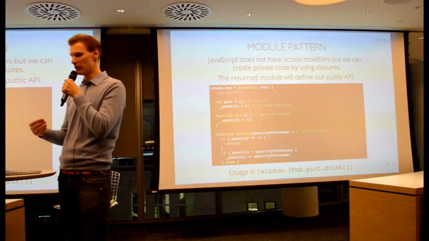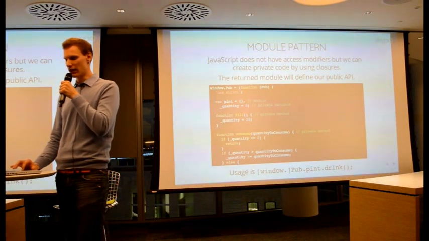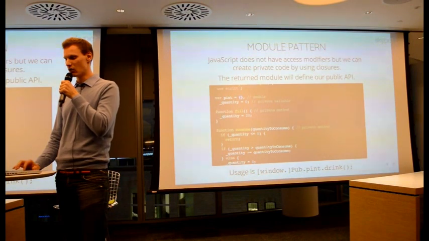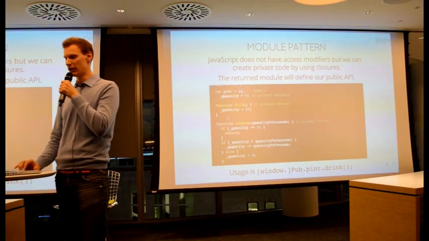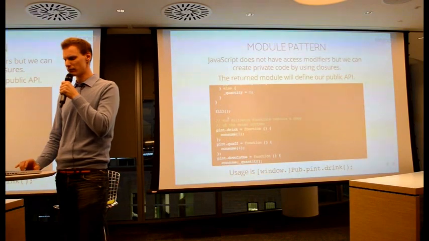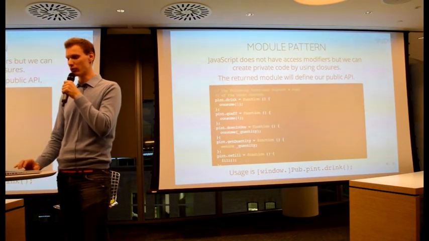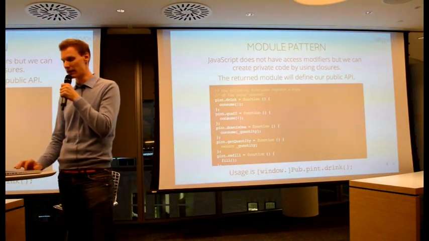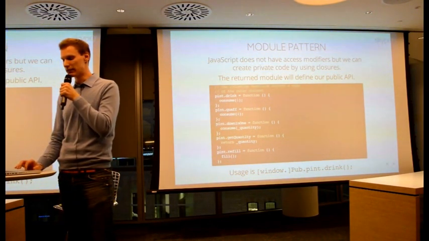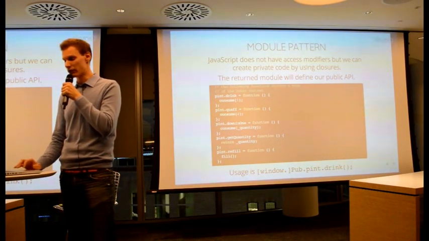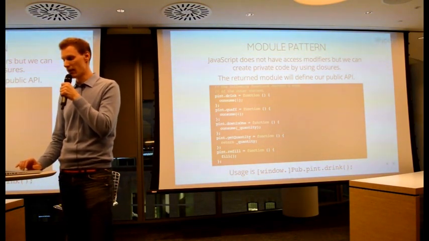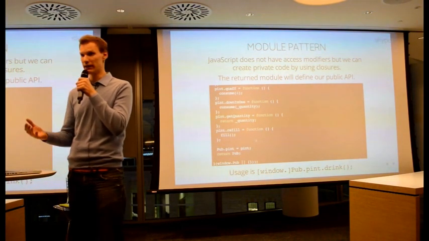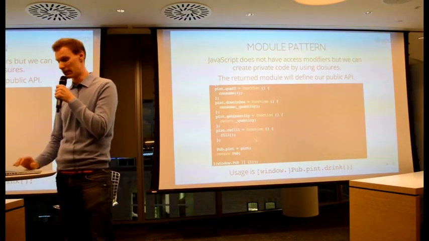The pint variable will be our object, so we are creating an empty object, and then we have quantity, fill, consume, and the other properties, and we can decide what we want to have on our public API by decorating this pint object with more functions, more behavior, and we'll then be returning the pint object, and this will make it public.